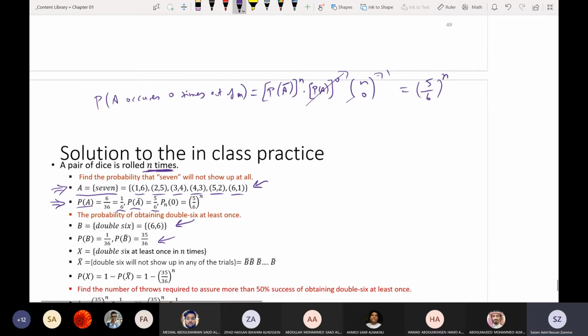Now, the event that we are interested in is X, which is having double six at least once in n times. هذا الevent اللي you are interested in finding its probability.